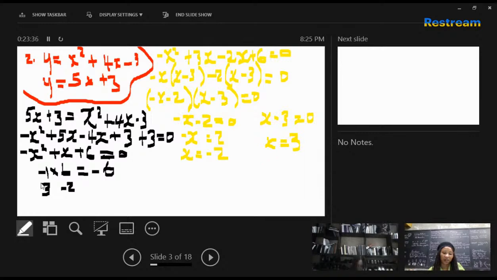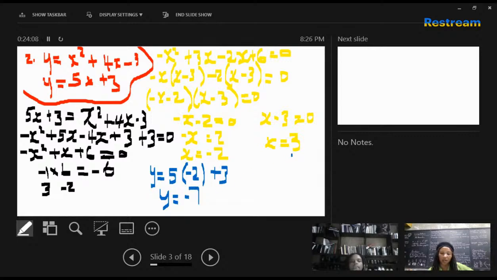Now we need to find our y values. When x is negative 2, plug that in here. So y would be equal to 5 times negative 2 plus 3, which is negative 10 plus 3. That would be negative 7.